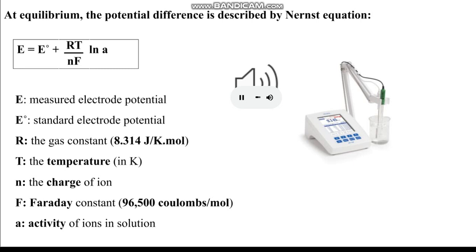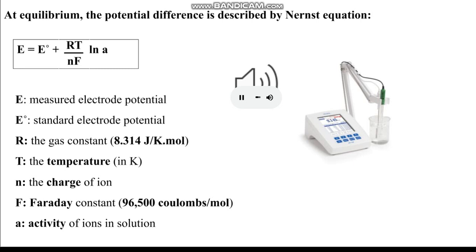The Nernst equation in its original form relates the potential with the activity, which is the active concentration. It is a theoretical type of concentration. The Nernst equation is an equation of linearity.